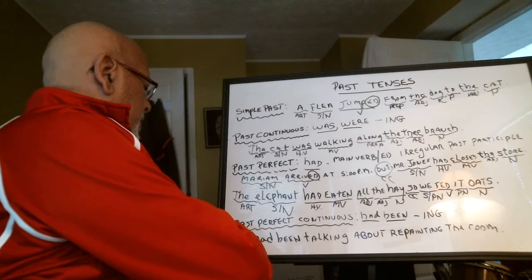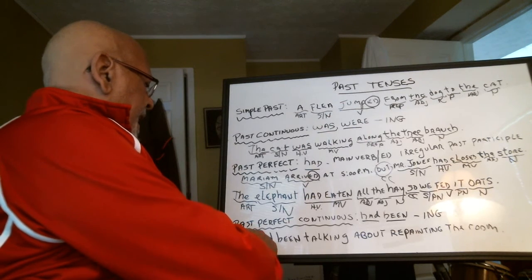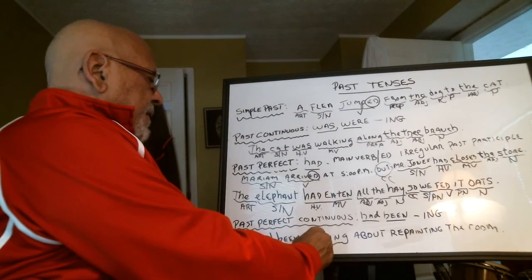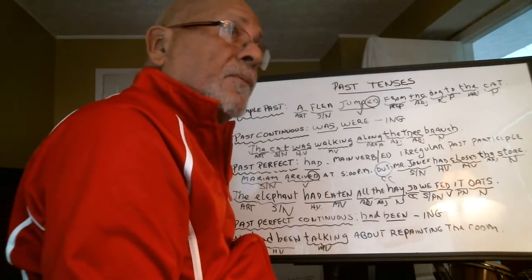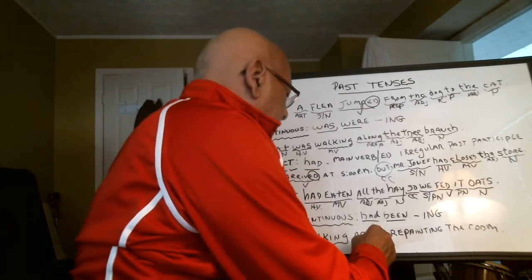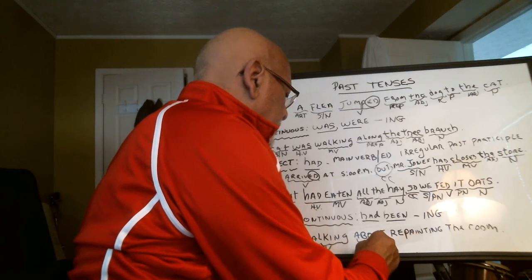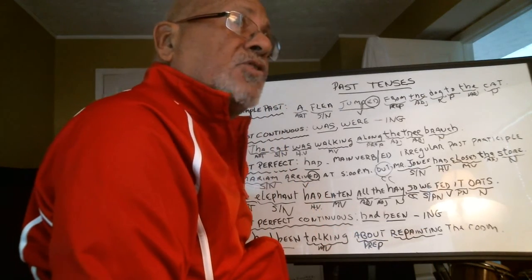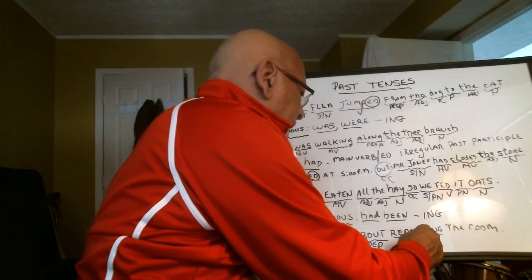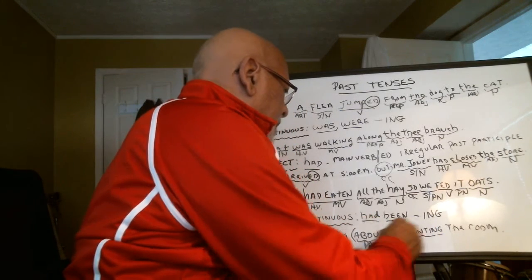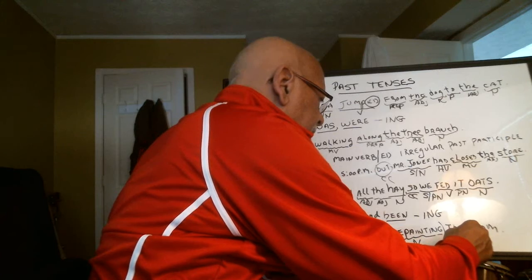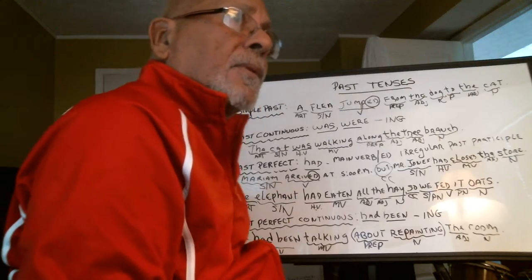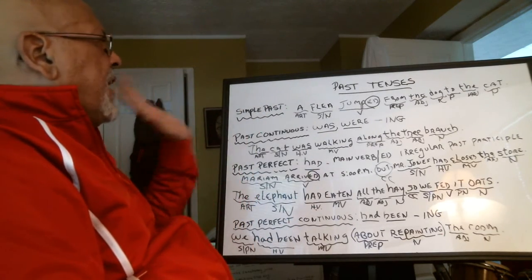We, subject pronoun, had been, helping verb, talking, main verb. About, preposition. Repainting is a gerund, but the gerund acts like a noun. That's your prepositional phrase, about repainting. The, adjective, room, noun.